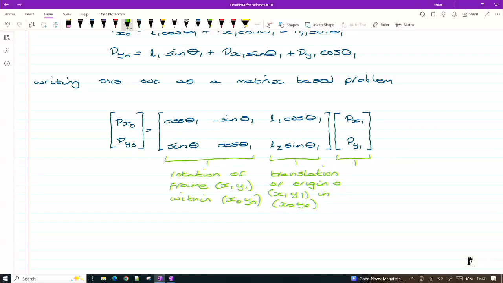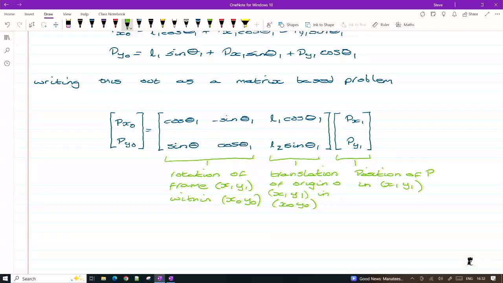And the final vector there is the position of P in X1, Y1, okay? And if you look back, we have expressions for PX1 and PY1 that's a function of the length of the link and the angle of theta 2, okay?